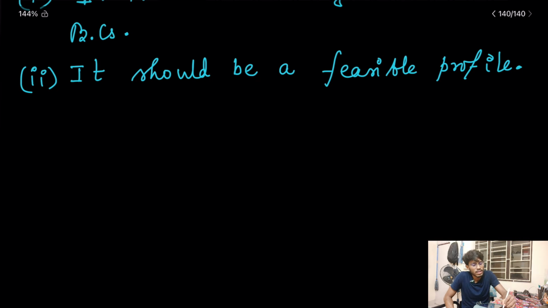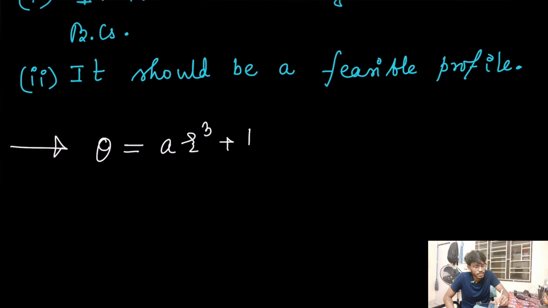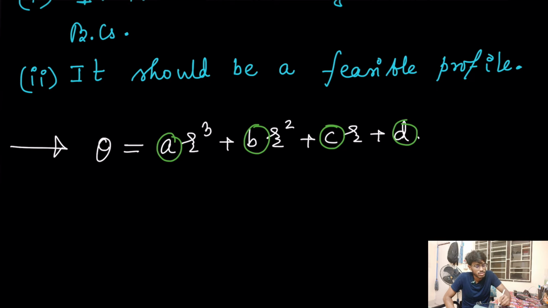So here for this problem particularly, I choose my theta equal to some a into xi cube plus some b into xi square plus some c into xi plus d. These are my unknowns.